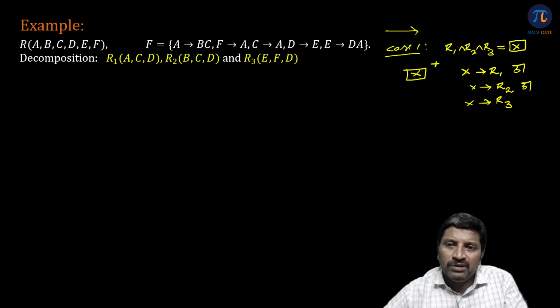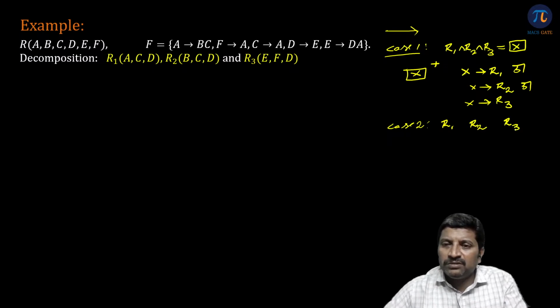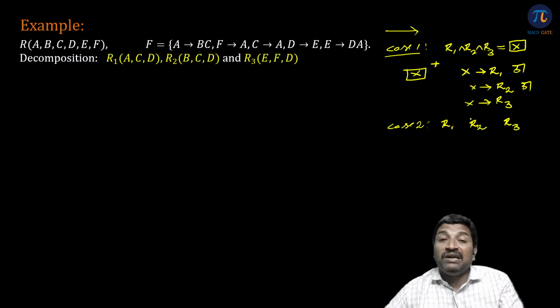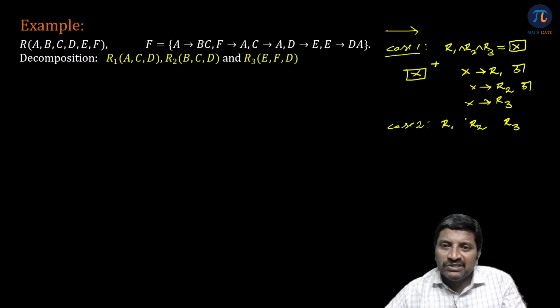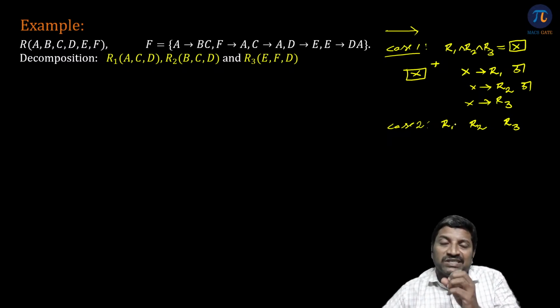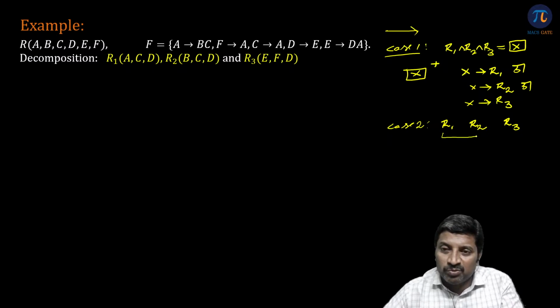The same story, sir, but for this to happen, all the three tables should have a common attribute. Now suppose the second case, all the three tables don't have a common attribute. Then select any two tables which have a common attribute and verify the property. If the property is a success, then combine those two tables and again compare with the third table.